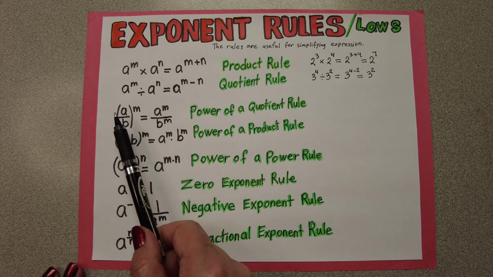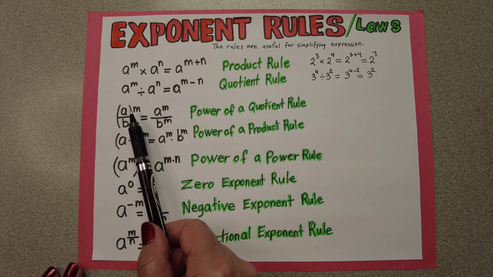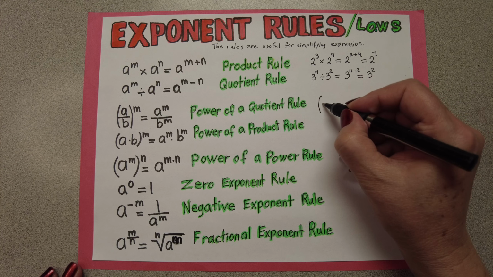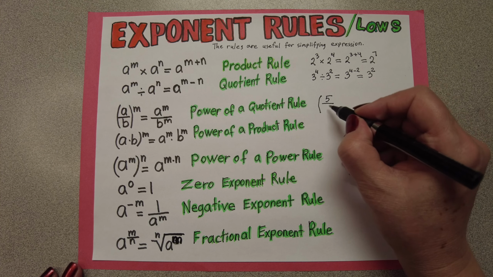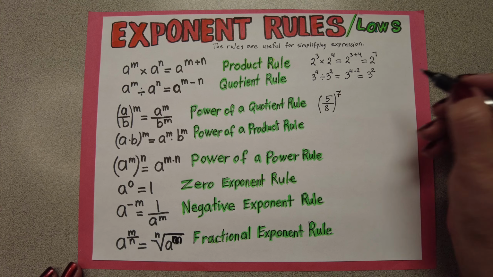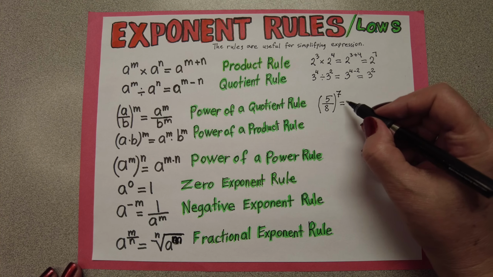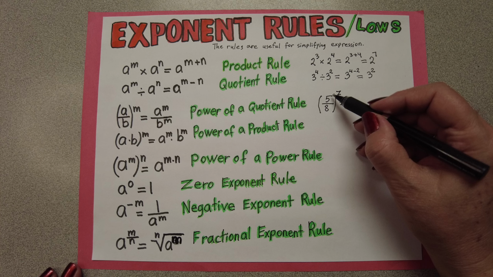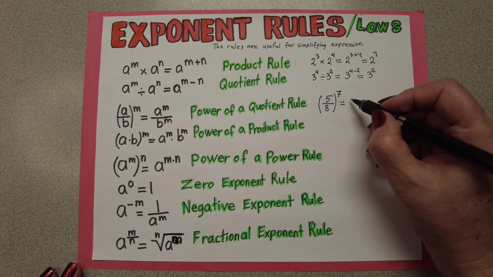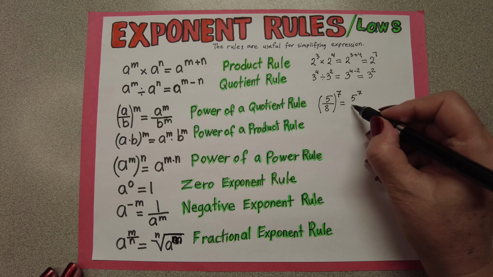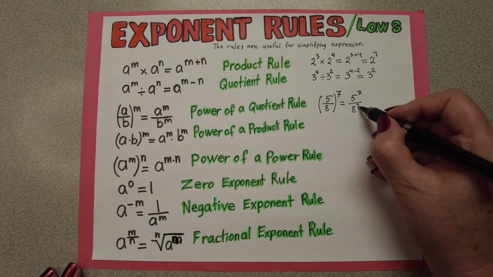In the next case, what if we have different numbers but they have the same exponent? Like we have 5 over 8 and they have the same exponent, let's say 7 to the power of 7. How can we solve this? It's going to be 5 to the power of 7 divided by 8 to the power of 7.